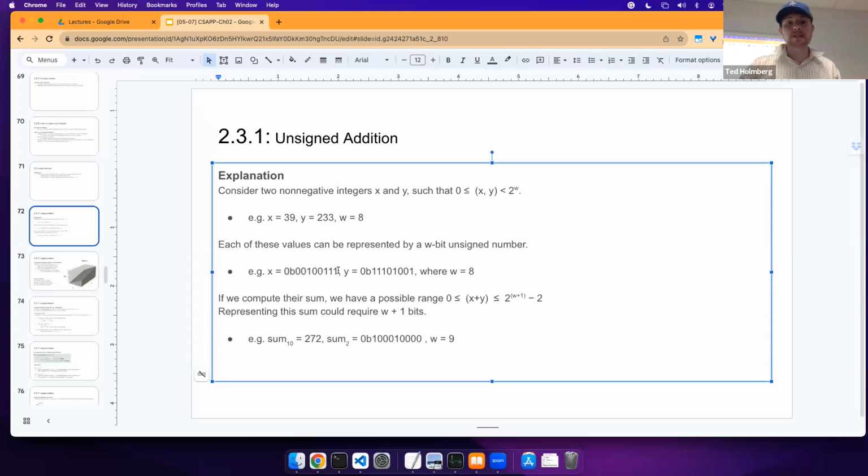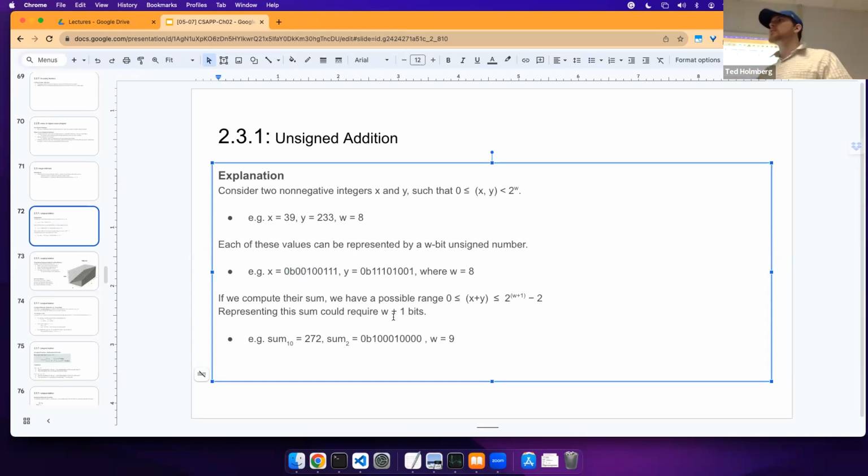So this is my value of 39. And notice I prefixed, so it was in fact 8 binary digits long, even though we don't need 8 binary digits to encode 39. We're going to do the same thing here with 233. We actually consume all 8 of those bits.